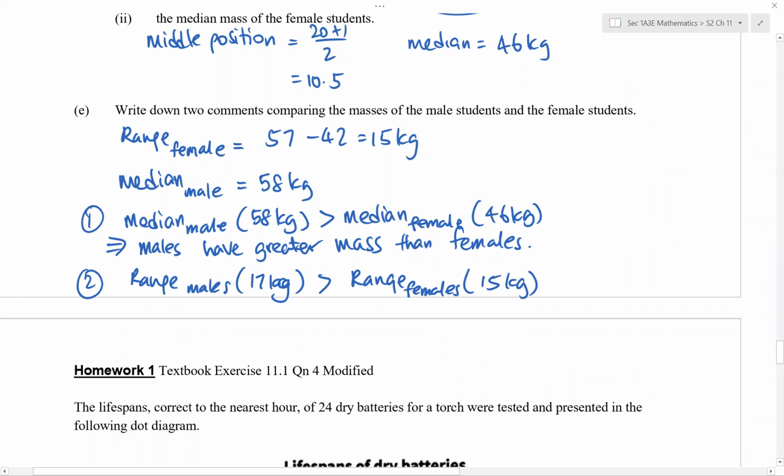Or we can say that the masses of females are more consistent than males. A smaller range always means it is more consistent.